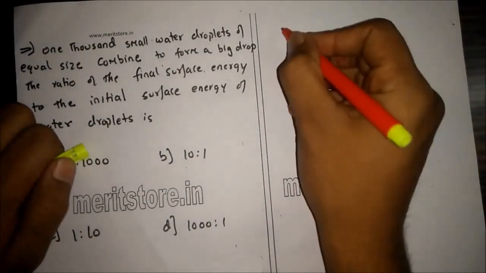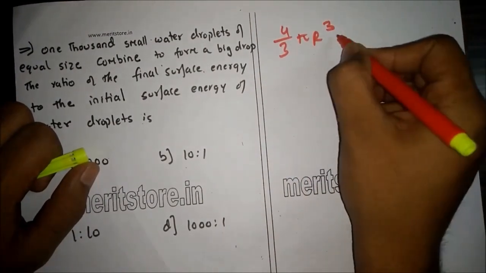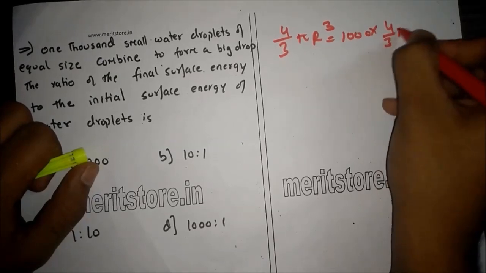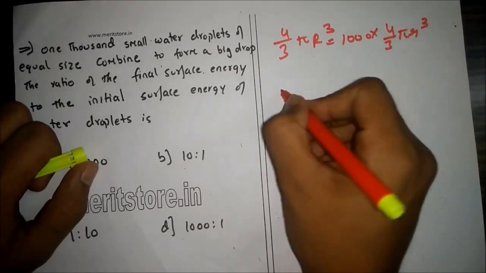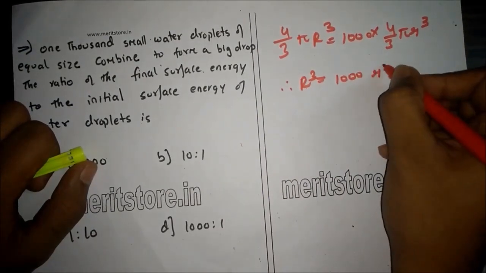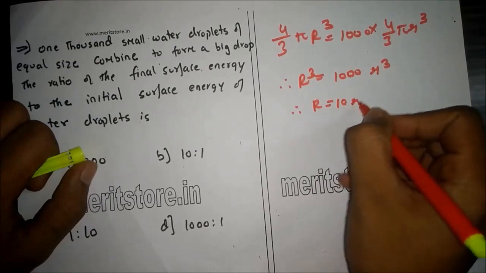Now, 4 upon 3 pi R cube, this is the volume of the big drop, is equal to 1,000 into 4 upon 3 pi small r cube. Therefore, capital R cube is equal to 1000 r cube, so R is equal to 10r.